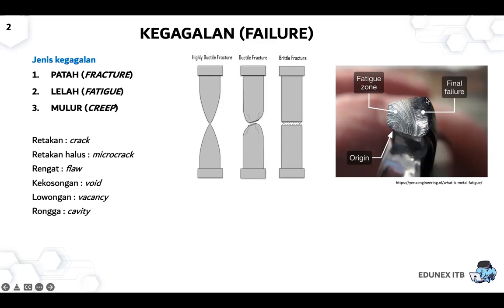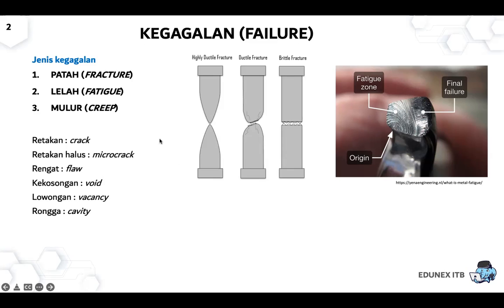A micro crack, retakan halus, is a crack that we can't see with the naked eye, but we can check it using a microscope or ultrasound and so on. A flaw, rengat, is also a term we're going to look at, and then there are vacancy and cavity.